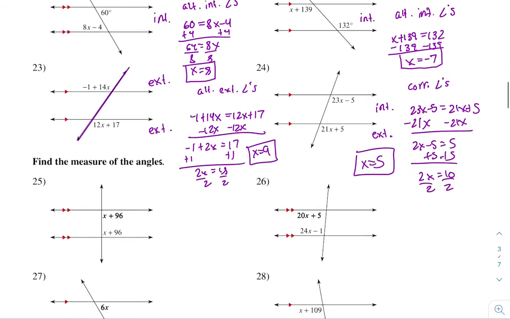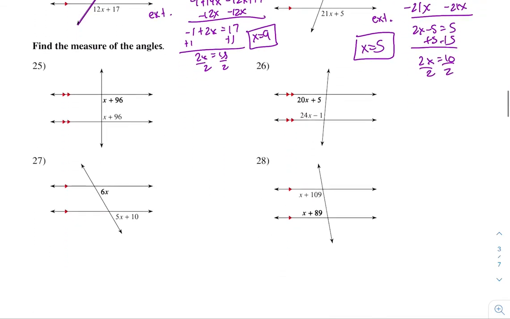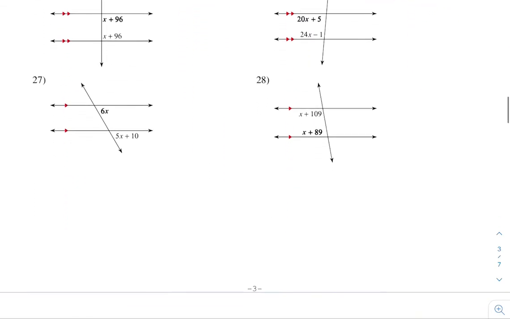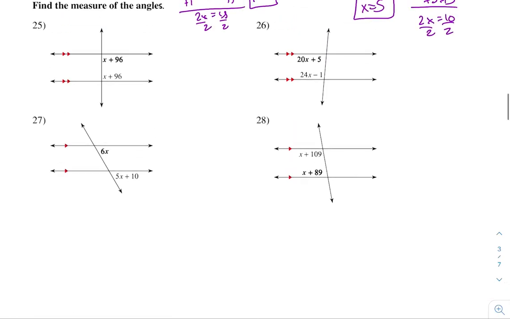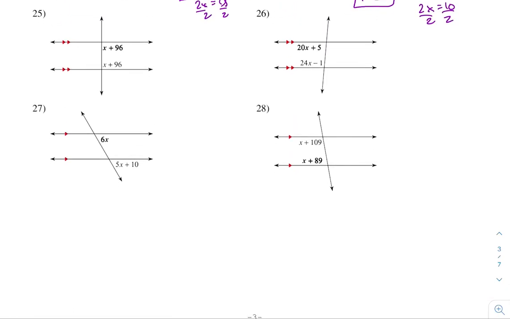Okay, last 4. So we are trying to find the measures of the angles. In order to do this, you have to solve for x. So these are interior angles, and these are on the same side. So that means we have same side interior angles.